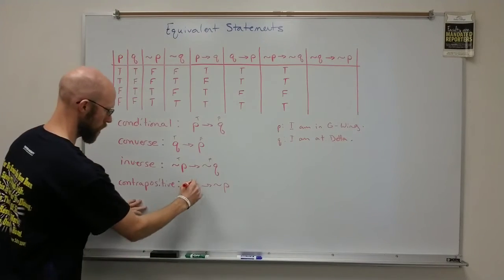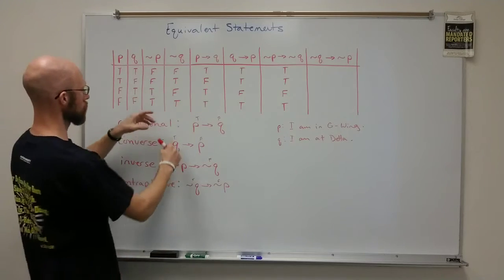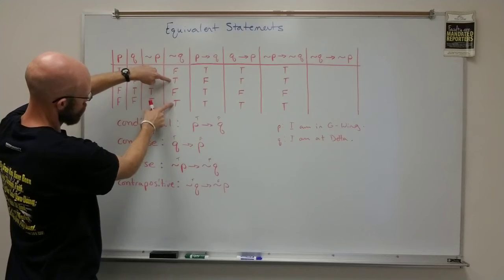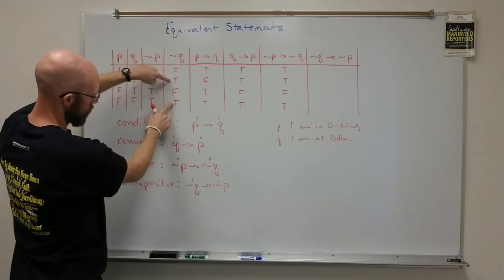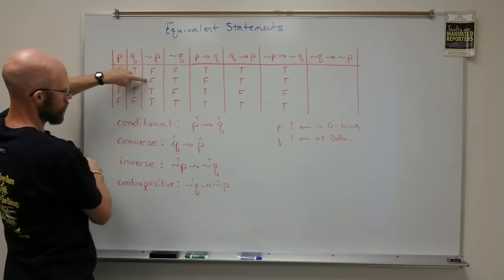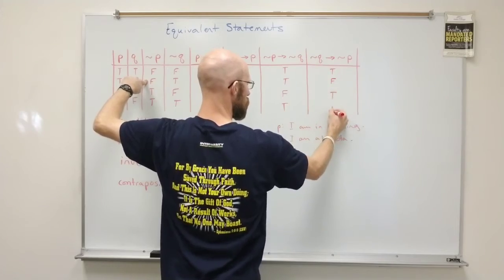And then the contrapositive, again, true followed by a false will result in a false. So I'm looking for a true in the antecedent, that's 2 spots, a false in the consequent, which would be up here in the second row. So that's false, and everything else will be true.